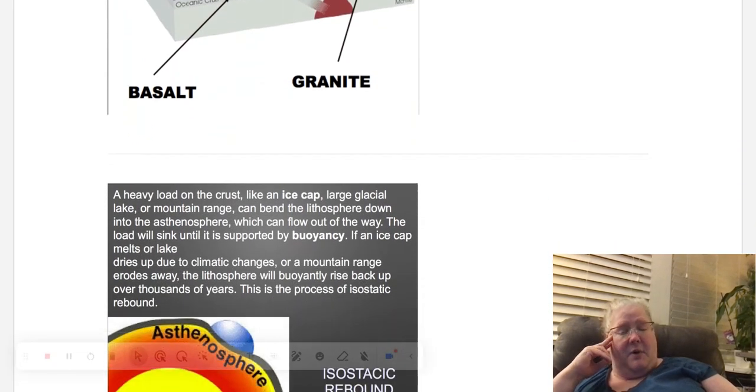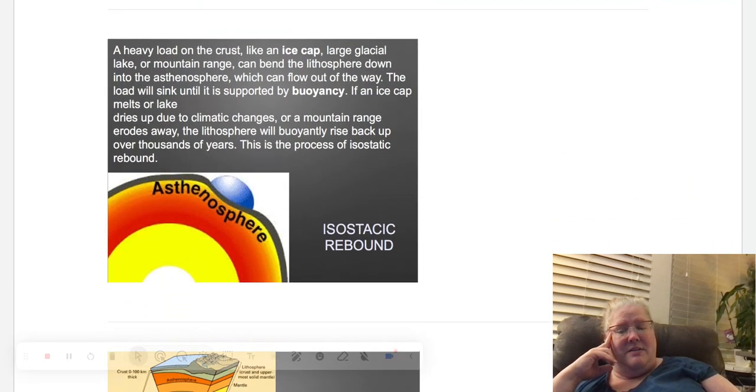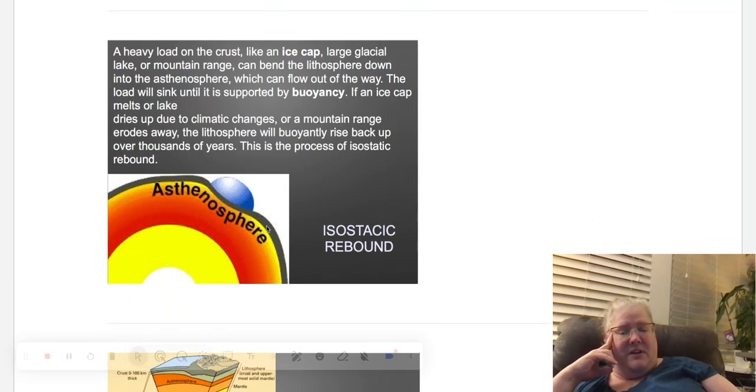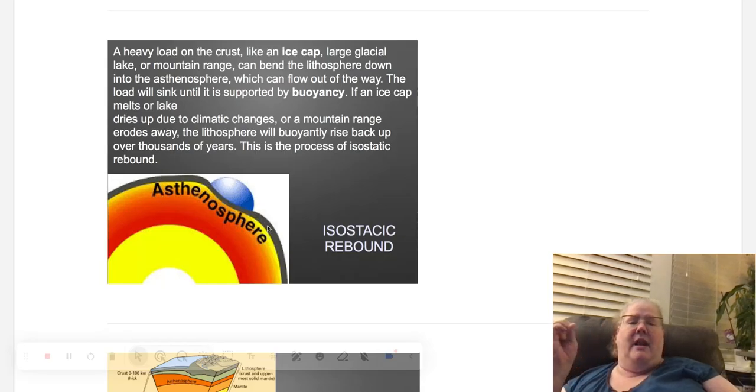But the other thing I want to give you a little hint to is the asthenosphere. If you get a really heavy weight on it, like we're talking mountain ranges, or we're talking 5 miles of ice in a glacier, if you have a heavy enough mass like a glacier or a mountain, you can actually depress the asthenosphere.